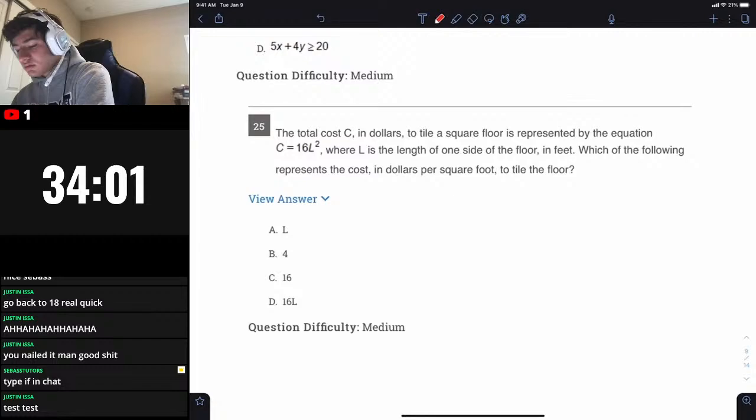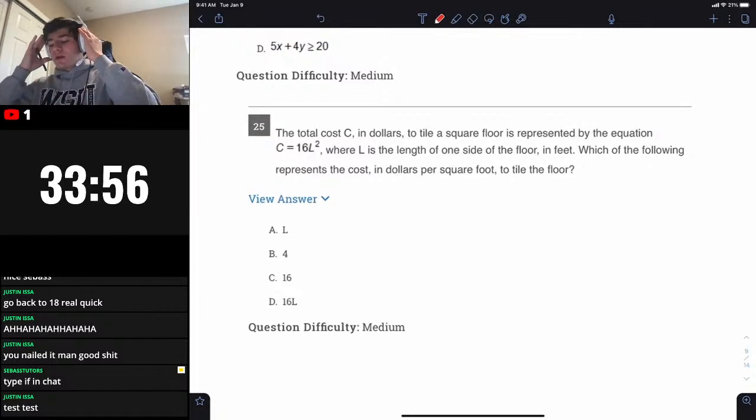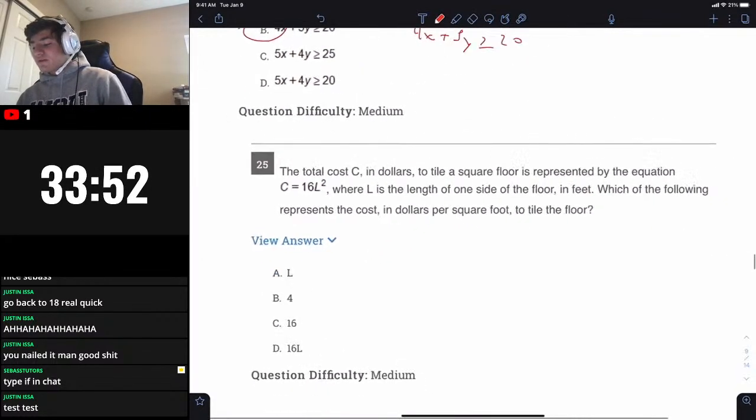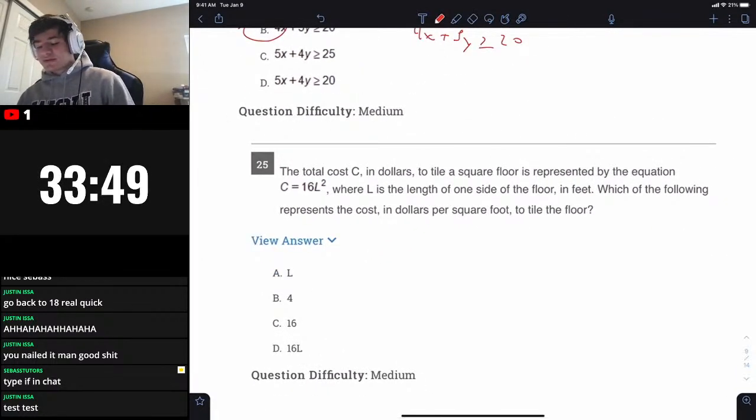This is interesting, because L squared is the area, and L is the length of one side of the floor in feet. The answer is going to be 16L.